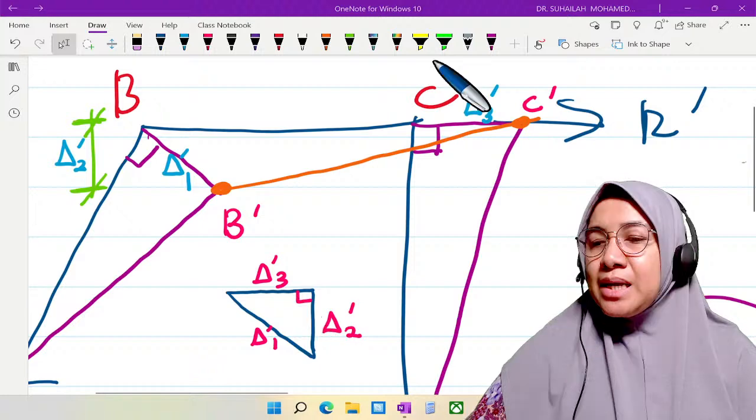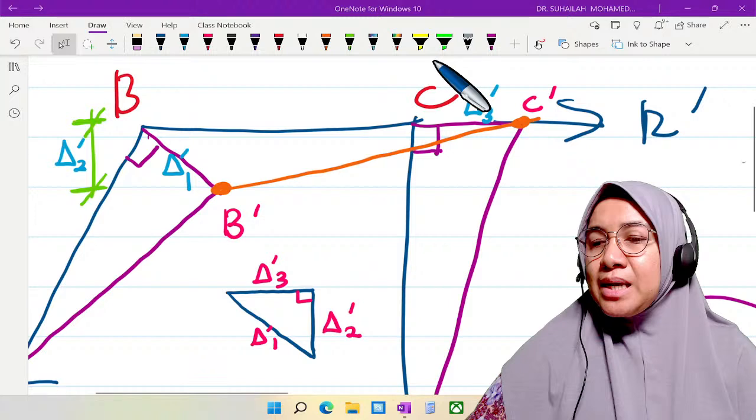It is actually the triangle. This delta 3 is also equivalent to this.